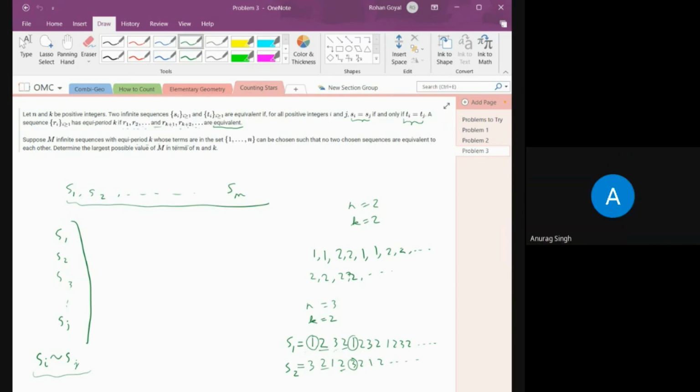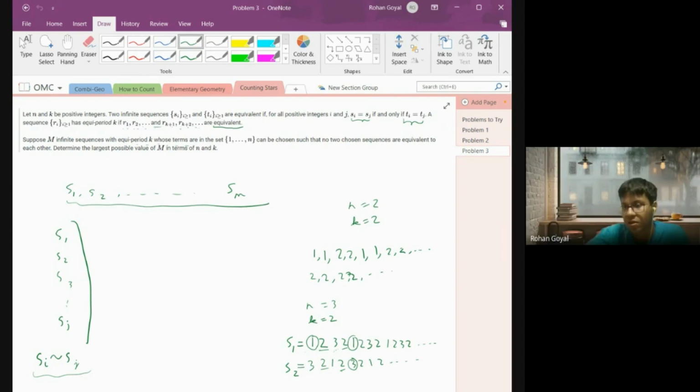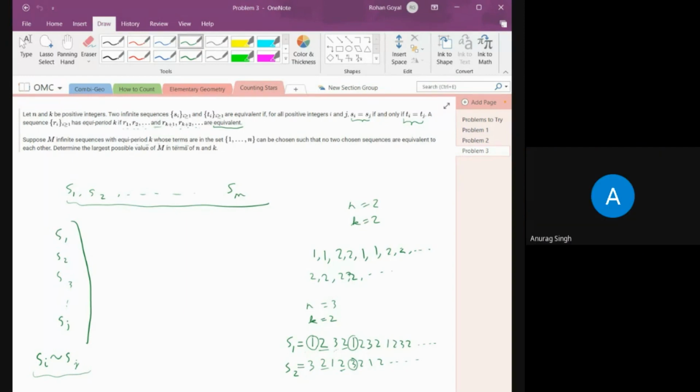Can I tell now? I guess I have some idea now. Go on. So if we have two sequences Si and Ti equivalent, by the definition you defined here, we have that they have an equiperiod of k.